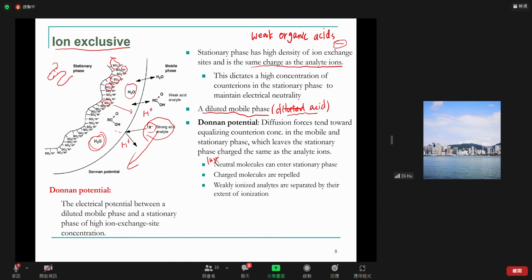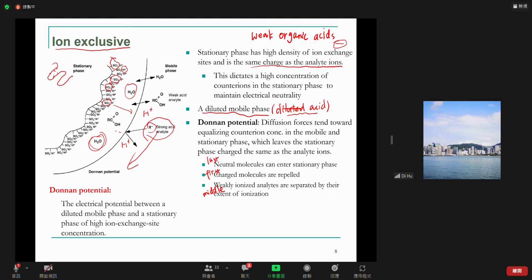And the strongly ionized one, the strong acid one, comes out first because it is totally expelled. And then for those weakly ionized analytes, they separate based on their extent of ionization, so they'll be in the middle. For those very weak ones, definitely comes out later. But the more easily ionized ones come out faster, right? So it really depends on the ionization. So this is how that works.